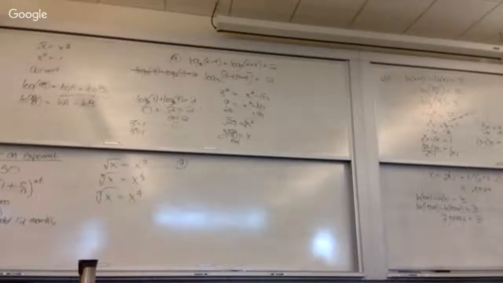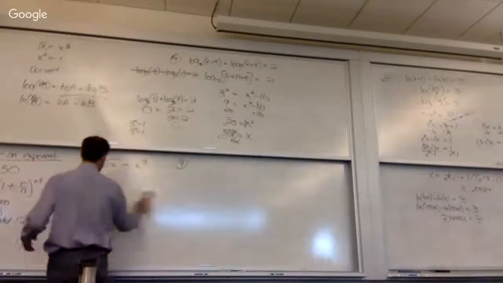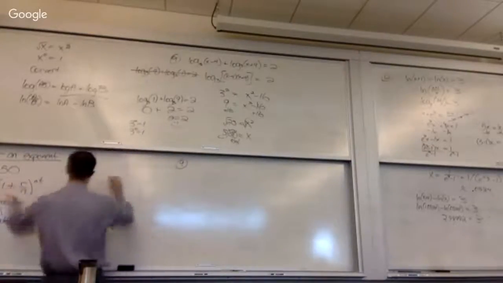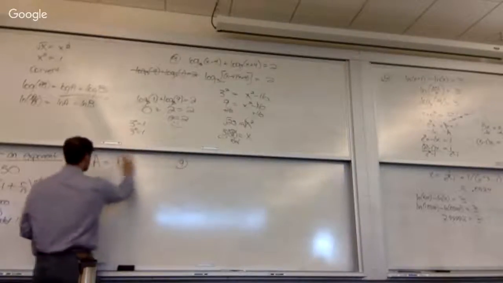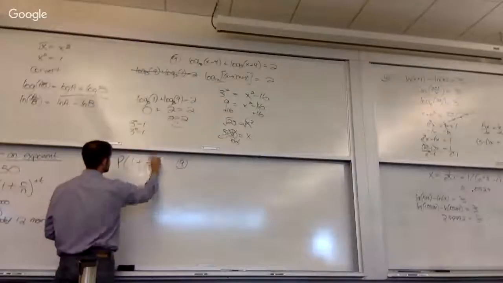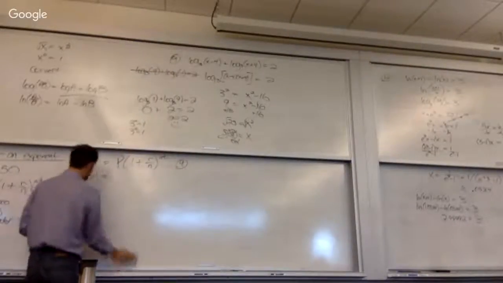Which variable am I asking about? That's time. I'm asking to solve for t. Now watch, I'm going to take this formula and plug everything into it that I know. So, got my formula here. A equals P, 1 plus r over n to the nt. And I'll plug in everything I know. I want to solve, oh no, actually I know n.